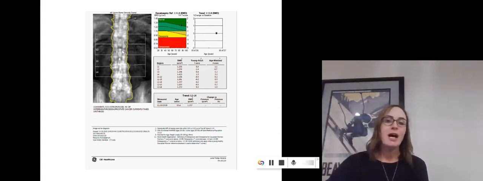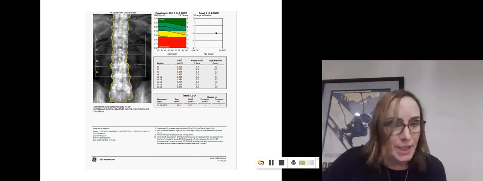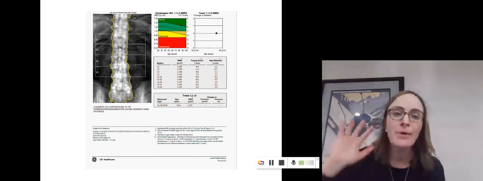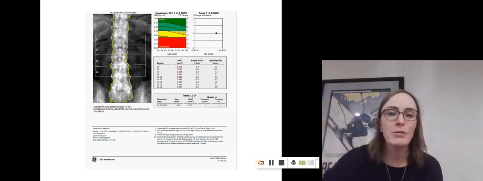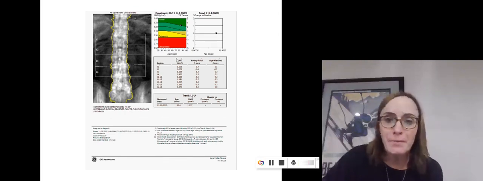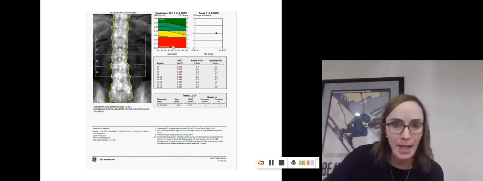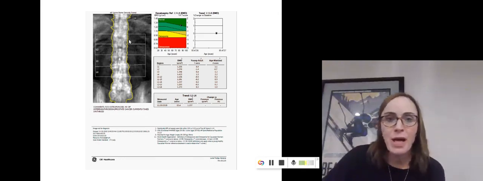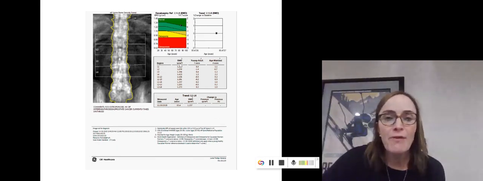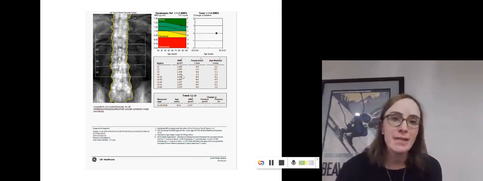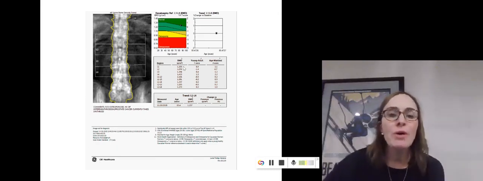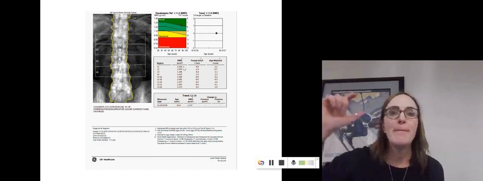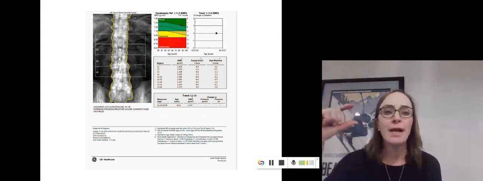So I'm going to get a little complicated here. If you don't remember it, I just hope that you remember you learned something about it. When you are looking at the spine, there's 4 vertebrae that they use, and it's L1 through 4. What's going to happen is you come over here to your L1 through 4, and you're going to look at your bone mineral densities, okay? Normal spine bones should get bigger as you go from L1 to L2 to L3 to L4.